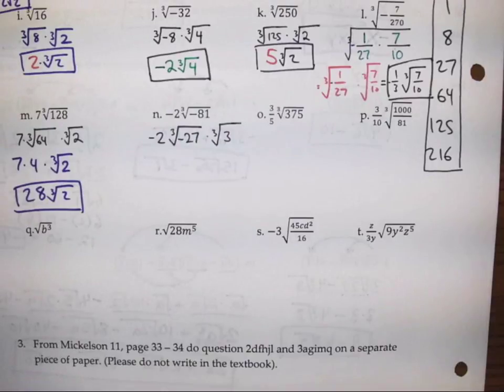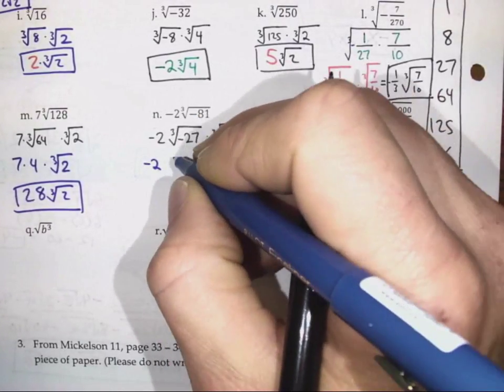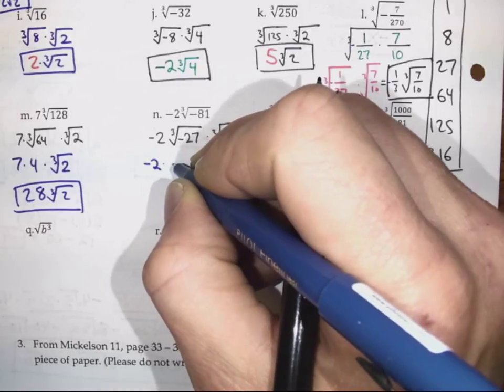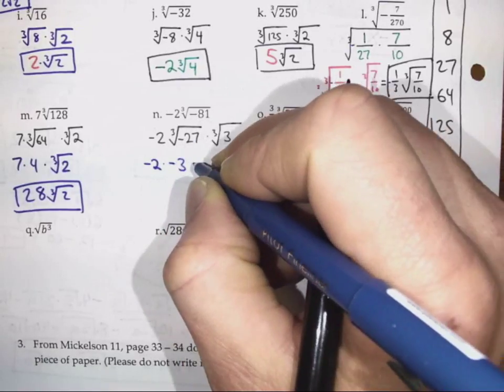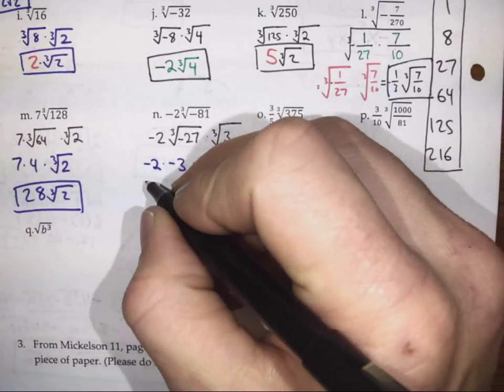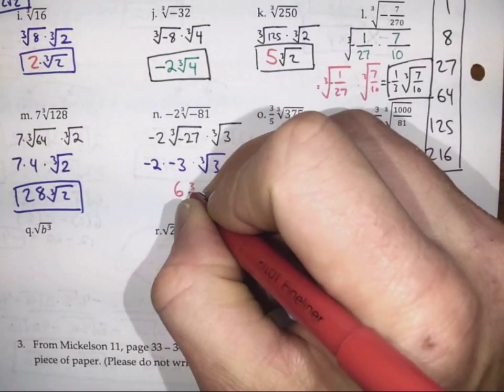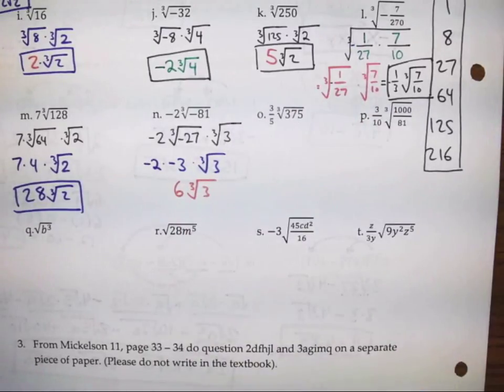Okay, and so I've got negative 2. The cube root of negative 27 is negative 3. And I've got this cube root of 3 left over. So the last thing I might do is multiply these together. Negative 2 times negative 3, that's 6 cube root 3.